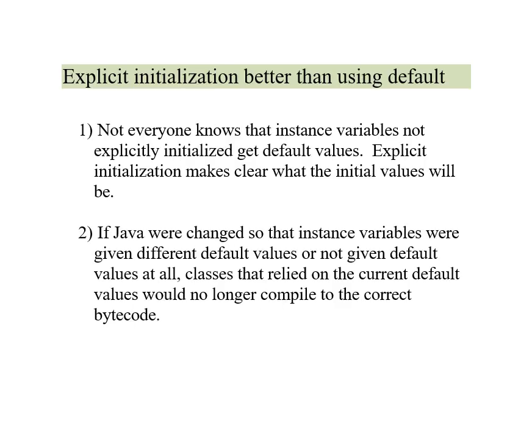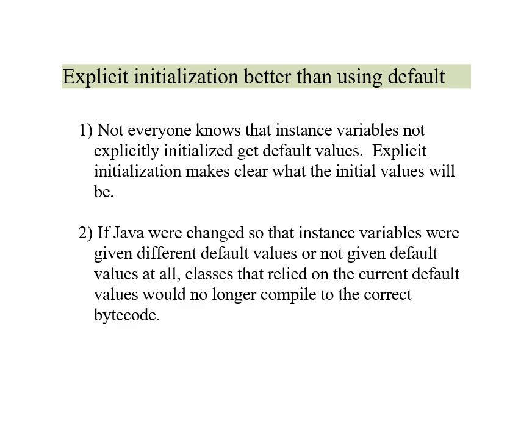All right, now here I'm just saying why explicit initialization may be better. I already mentioned number one, that not everybody knows about the default values. And so your program may be clearer, easier to read and understand if you explicitly initialize your instance variables. And number two is also a reason, but I think it's very unlikely that some future release of Java is going to change the default initial values instance variables have.